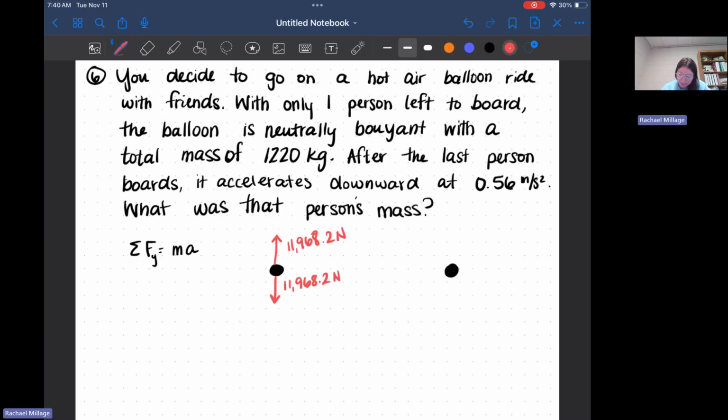And then one more person gets on. So I still have an upward force of 11,968.2 newtons. And I still have this downward force of everybody in the balloon of 11,968.2 newtons. But then I also have this added weight of the person, which is equal to their mass times gravity.